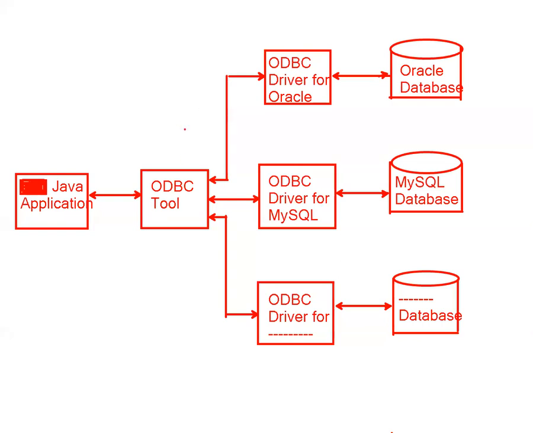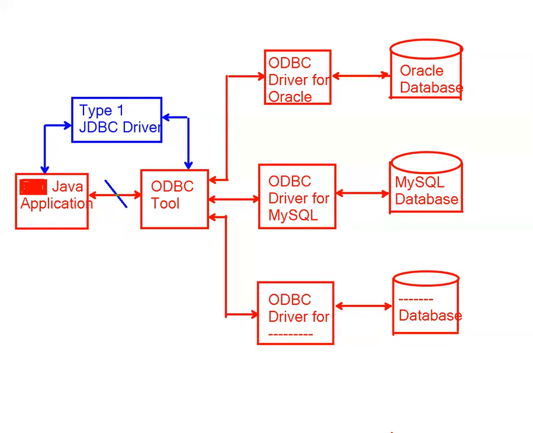To solve this problem, the type 1 JDBC driver was introduced. What this type 1 JDBC driver does is take the instruction and convert it into an ODBC-understandable format. That is the reason the type 1 JDBC driver was introduced. First, write this diagram.